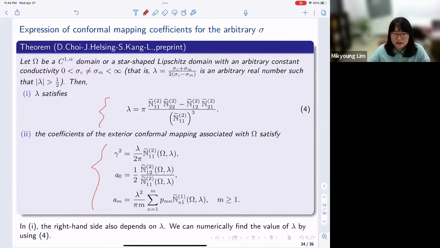The right-hand side also depends on lambda, but by numerical computation we can optimize the value such that equation 4 holds. So we find lambda numerically, and once we know the lambda value, the right-hand side is just a formula in terms of measurement values, because the modified GPTs come from the GPT values, and GPTs come from multistatic measurements. So the right-hand side is fully determined by the measurement.